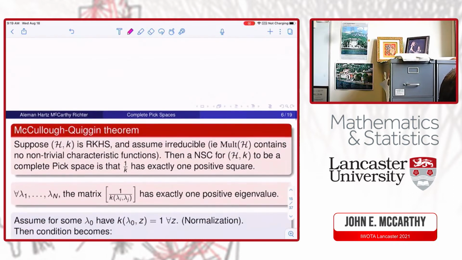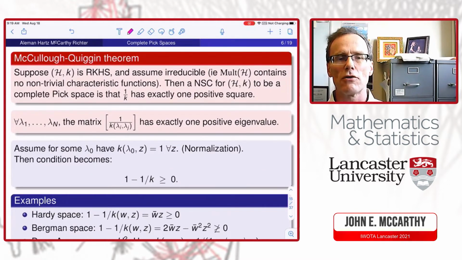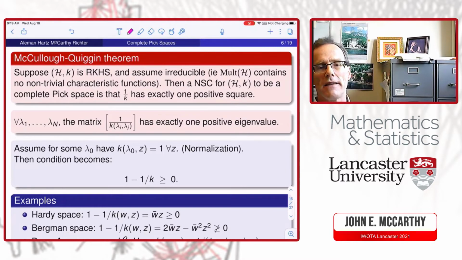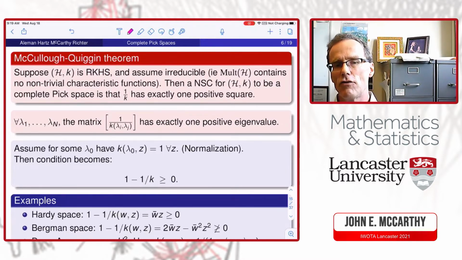In fact, you can make it even more concrete with a fairly harmless normalization. So if you assume that there's some special point lambda naught, so if you're thinking of a space of analytic functions on the disk, think of lambda naught as being the origin, and then in most spaces you might consider the reproducing kernel at the origin is just the constant function 1. And indeed, you can always achieve this normalization, so it's a harmless normalization.